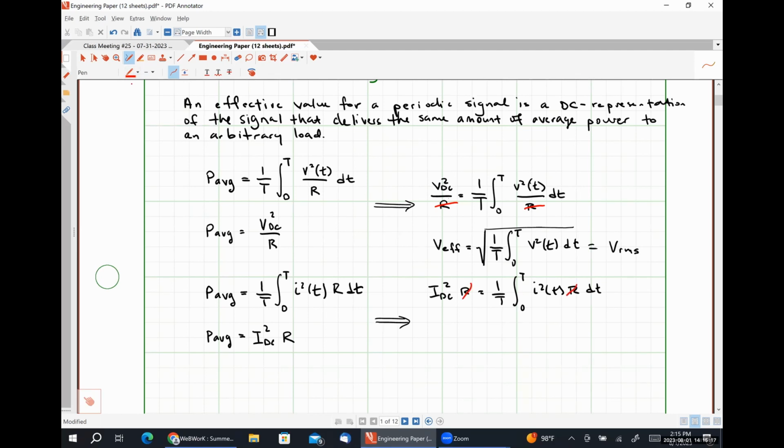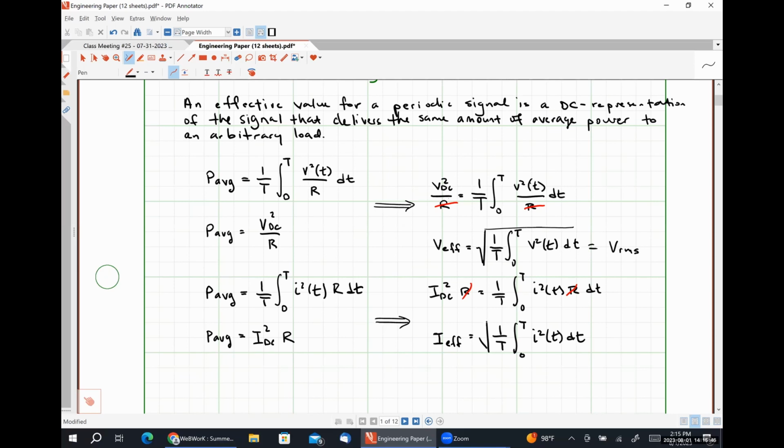Taking the square root of both sides leaves me with the effective value for my periodic current, which is equal to the square root of 1 over T times the integral from 0 to T of I squared dt.